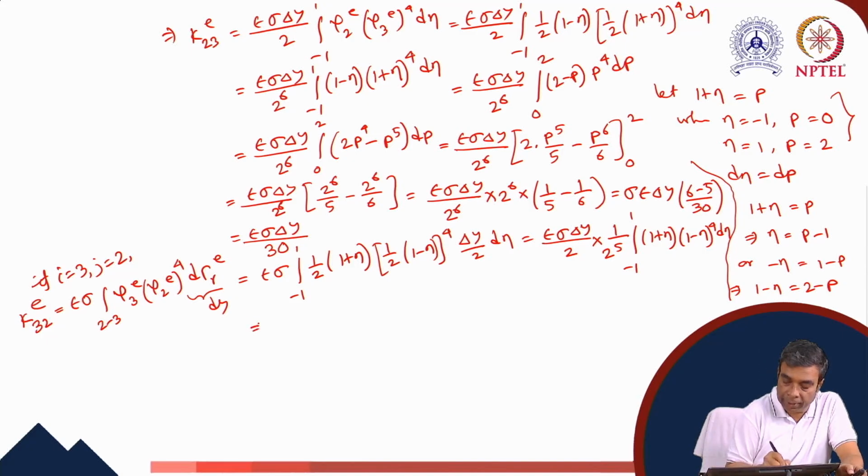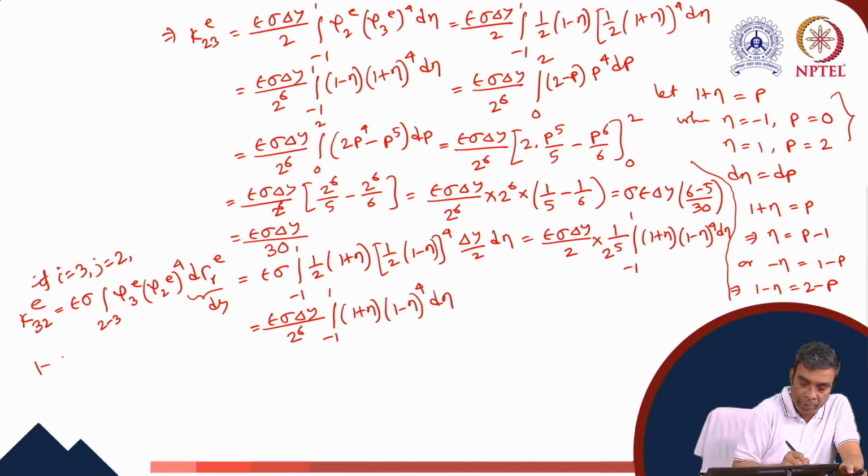So this gives us epsilon sigma delta y divided by 2 to the power 6, integration from minus 1 to 1, 1 plus eta into 1 minus eta to the power 4 d eta.